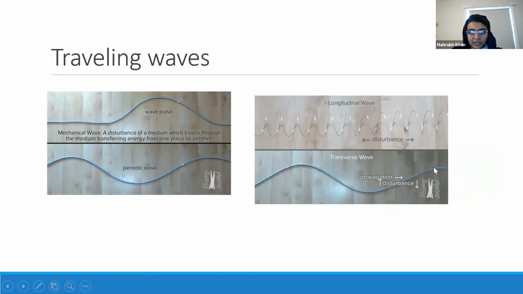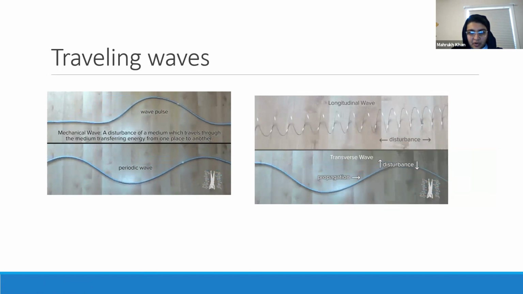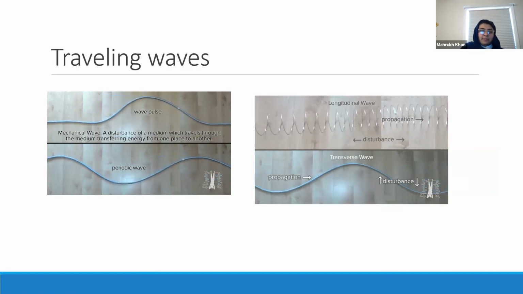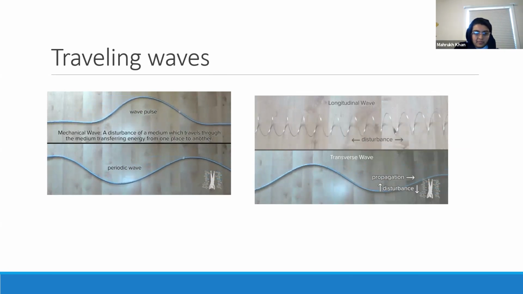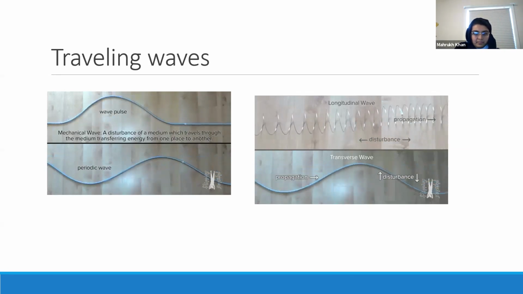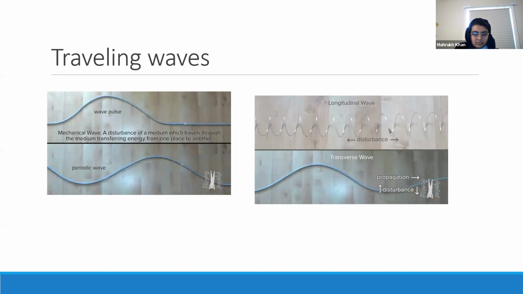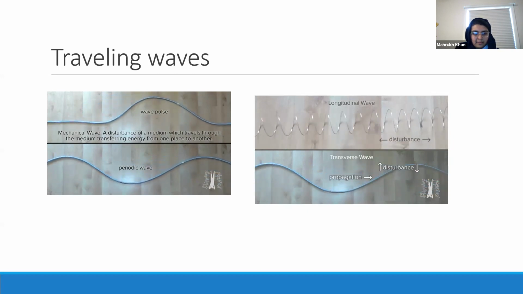So if you see longitudinal wave, you can see the disturbance is in the direction of the propagation. And here the disturbance is in the perpendicular direction of the propagation, right?